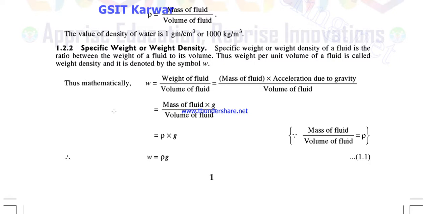Mathematically we write it as weight of fluid by volume of fluid. Weight of fluid means mass of fluid into acceleration due to gravity. I hope you know this basic already. What is the difference between weight and mass?